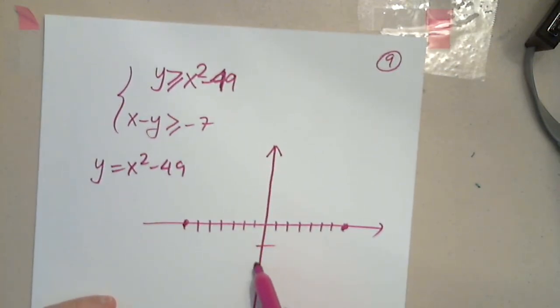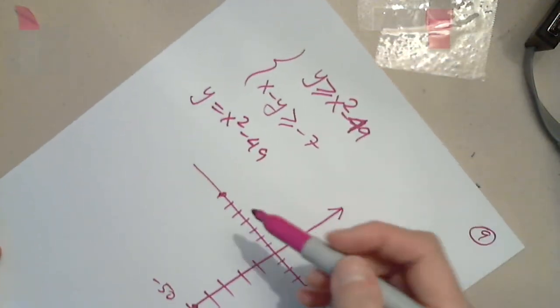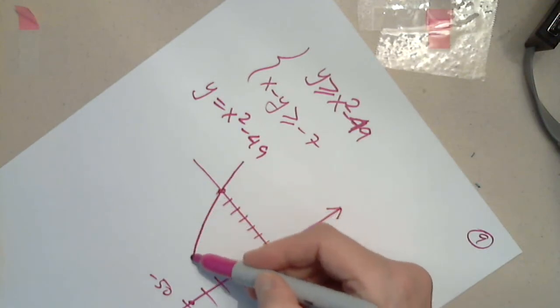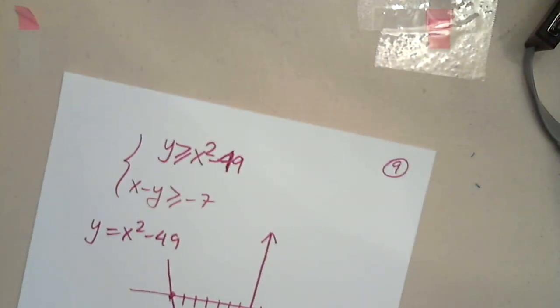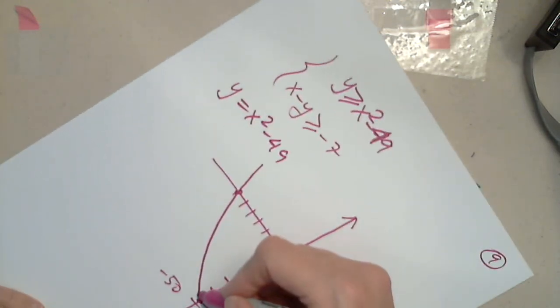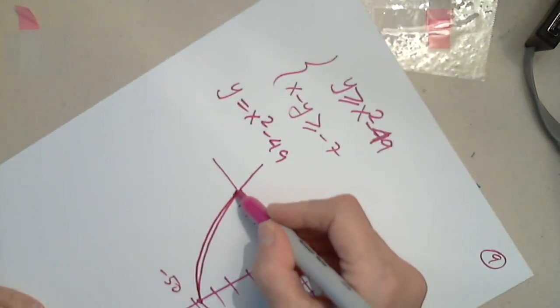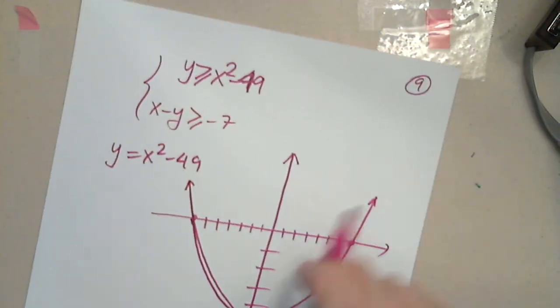So I'm going to say 10, 20, 30, 40, 50. So 49 is somewhere here. And it's solid. As you see, my left and my right don't really look the same. Sorry about that. I'll make some adjustments here.